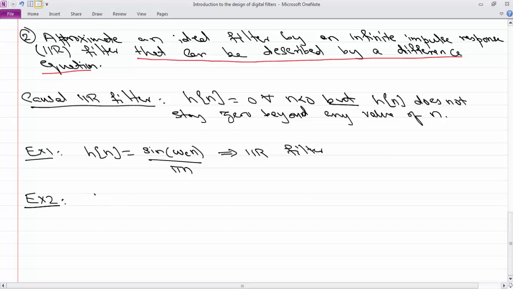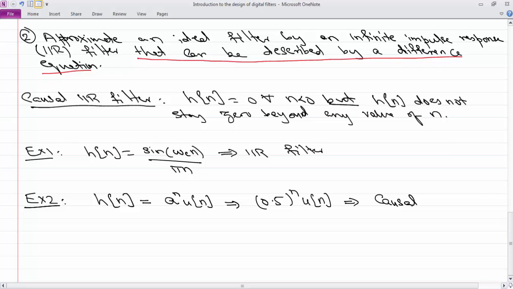Example 2 is h[n] equal to a^n u[n]. For example, I could say it's 0.5 to the n u[n]. Since it is starting at n equal to 0, this is causal. And you can put in any value of little n, it doesn't stay 0, so this is IIR. Now, one of these filters satisfies this constraint that it can be described by a difference equation and the other does not.